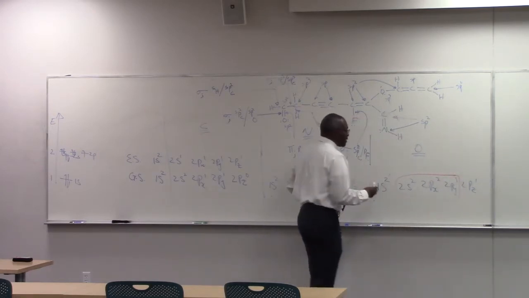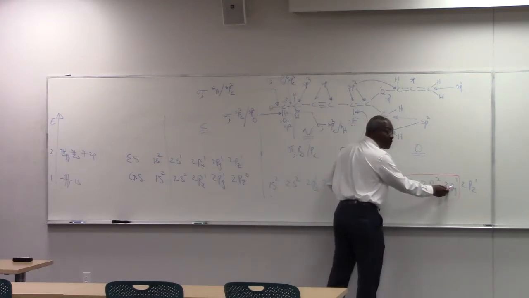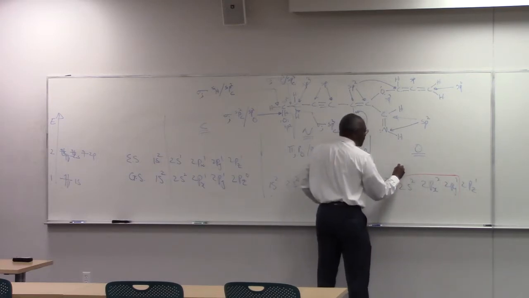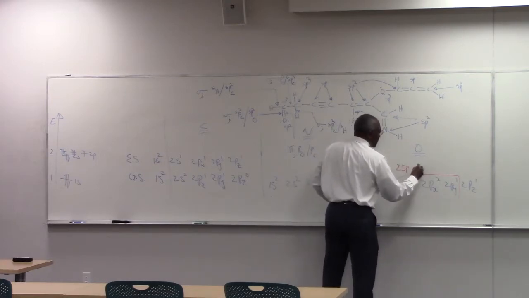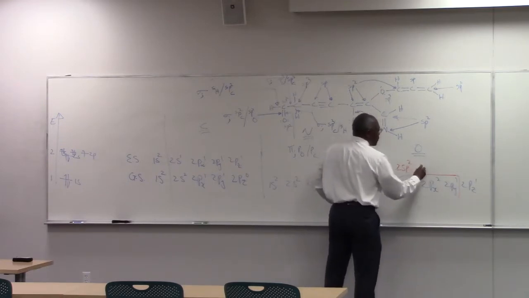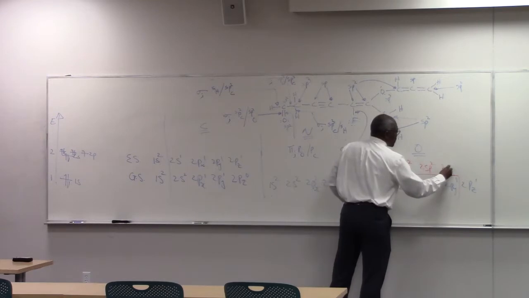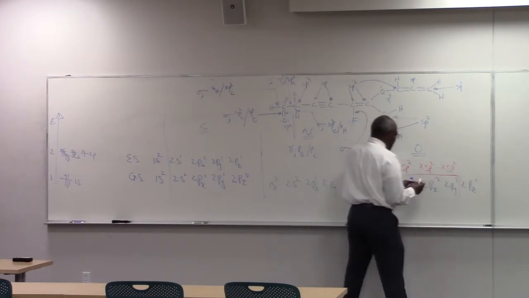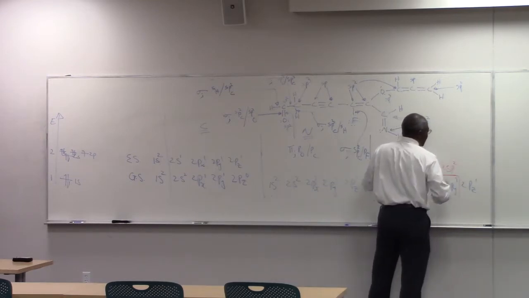So what would I get? I've got 1, 2, 3 orbitals. That's going to give me 3 hybrids, and they have 1 part s and 2 parts p. So it's 2 sp2, 2 sp2, 2 sp2. And I'll have the unhybridized 2pz.